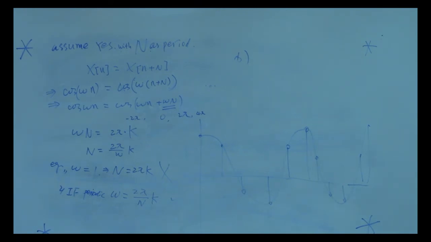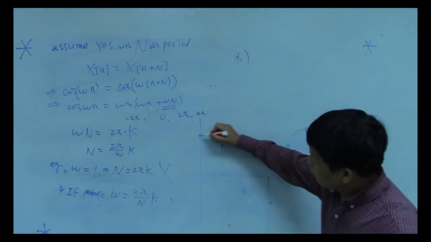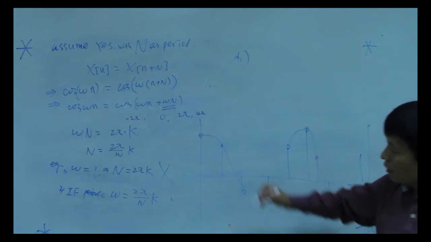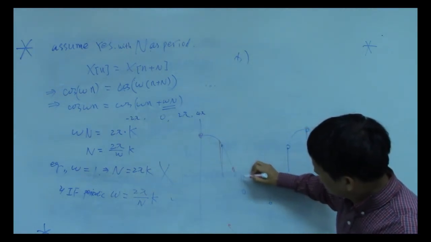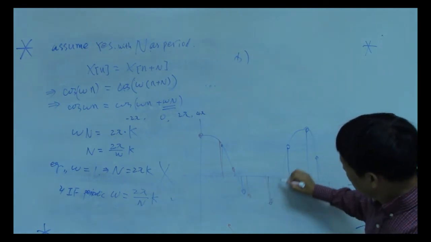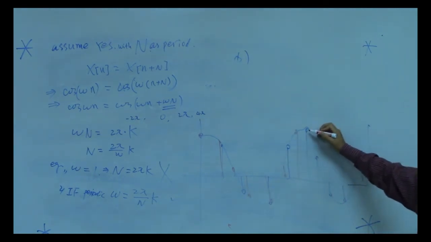But if your frequency is not correct, meaning it does not satisfy this condition, your sampling won't be like this. Instead, suppose you start here, the next one will be here, the next one here, and the next one won't be at this point.